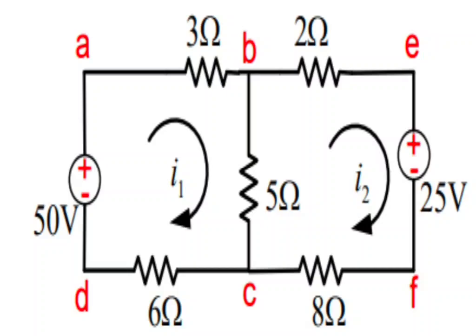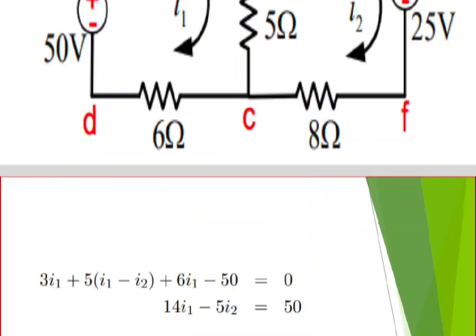How can you find the voltage across a voltage source? Look at the current direction flowing through the voltage source. Here you can find three resistors. The first gives 3 I1.